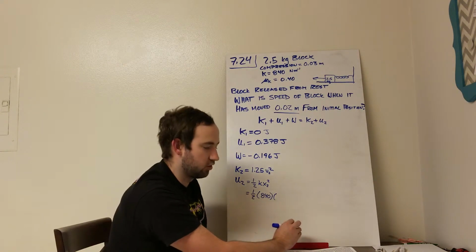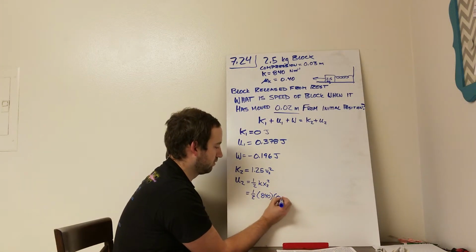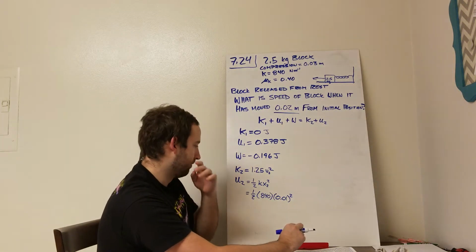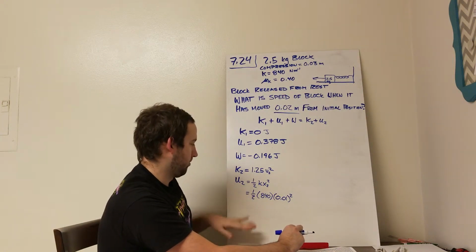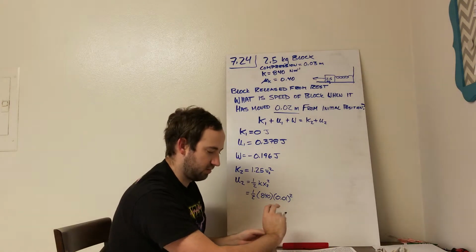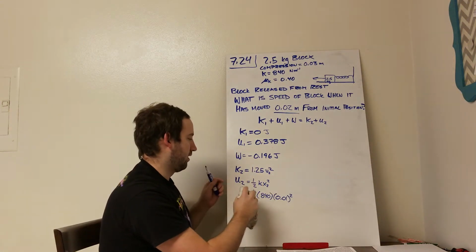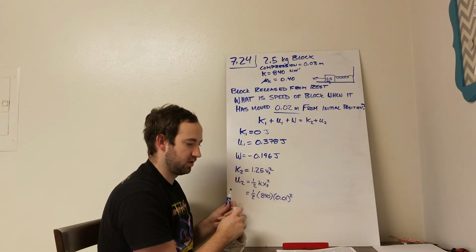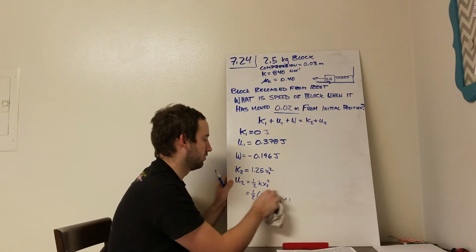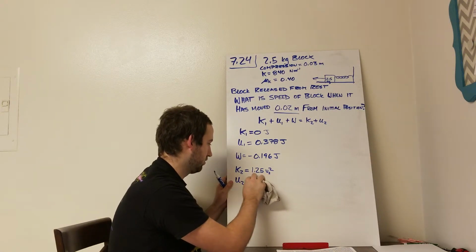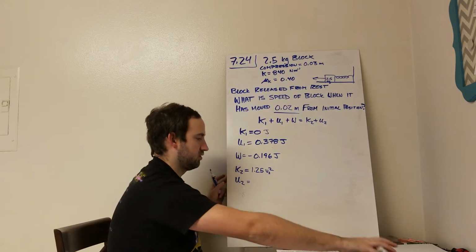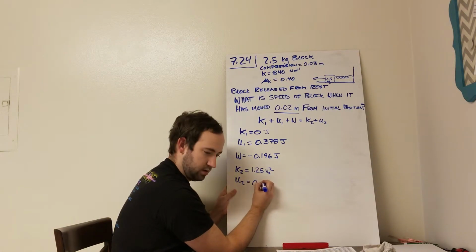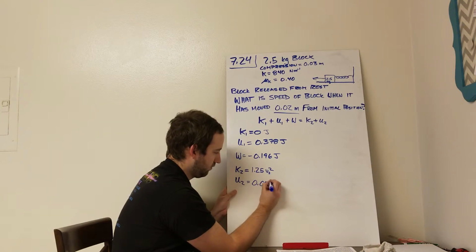So it's going to end up being 0.01 meters. And that's the squared term. So now we just plug all that in. We end up getting the U2, the final potential energy, equaling 0.042 joules. So I'll write that down. 0.042 joules.